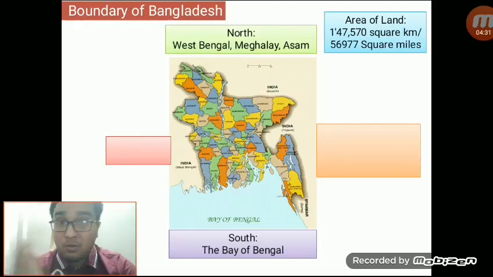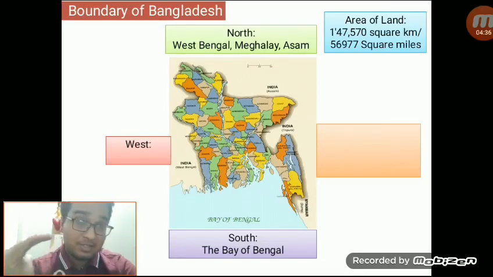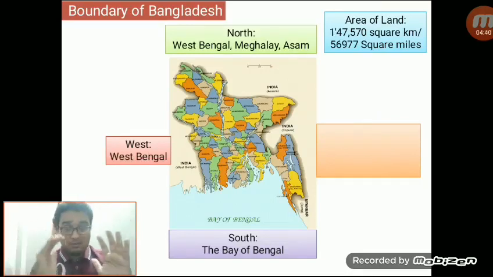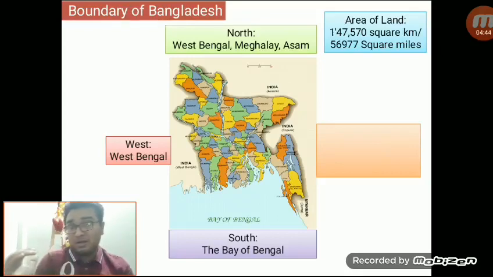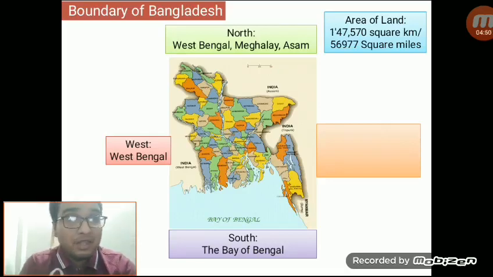Next, west. In west, West Bengal, the state of West Bengal of India is situated. This is also easy to memorize. In west of Bangladesh, the state of West Bengal of India is situated.